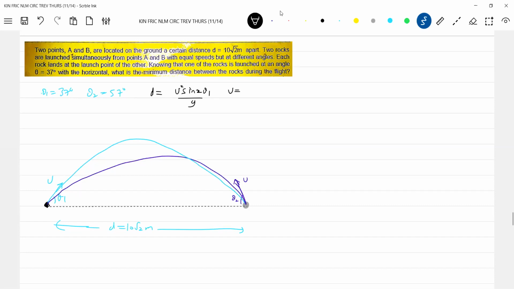Sir, u square equal to 1250 root 2 by 12. 1250 by 12 into root 2, with root 2 in the numerator. Yes, sir, 1250 root 2 by 12. I think we can simplify further. Just take a calculator and give the value.